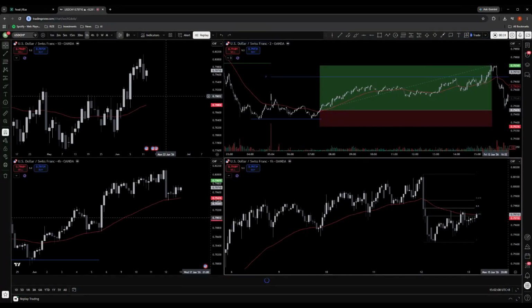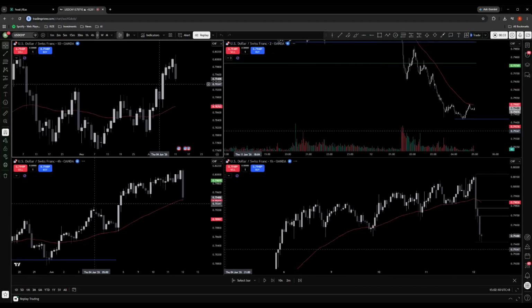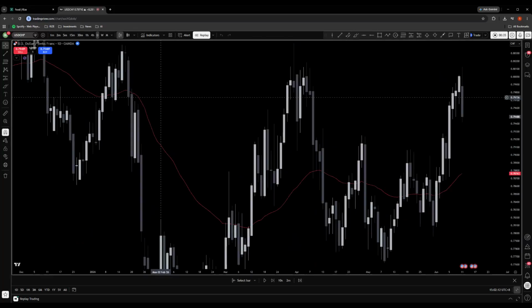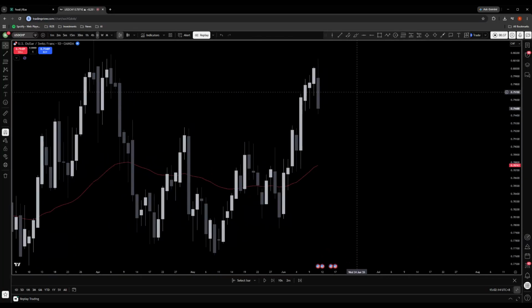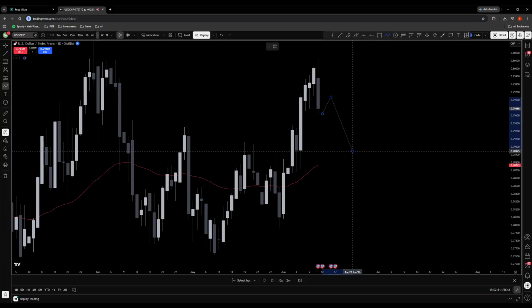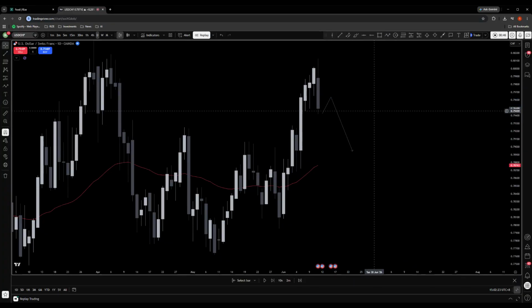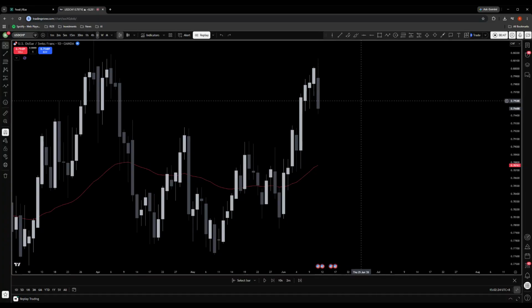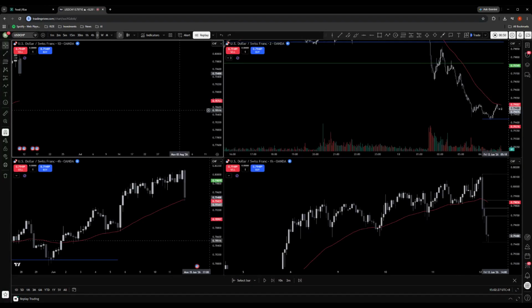Now, you know exactly what I'm looking for on these pullback plays. We are playing the daily engulfing candle, which we got a massive one here on Thursday, which was great. And what do we want to see? We want to see it pull back, and then ideally we're going to follow that trend to the downside. So we're looking to capitalize on this initial pullback move here.